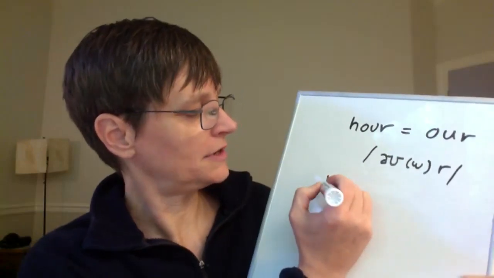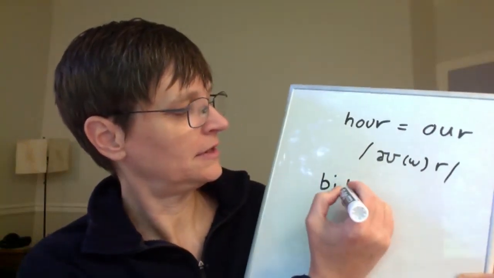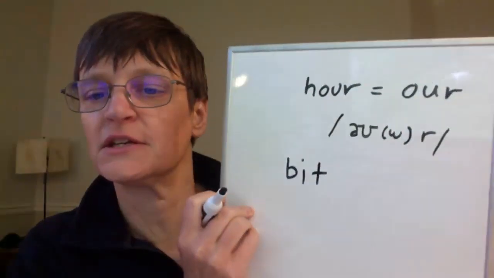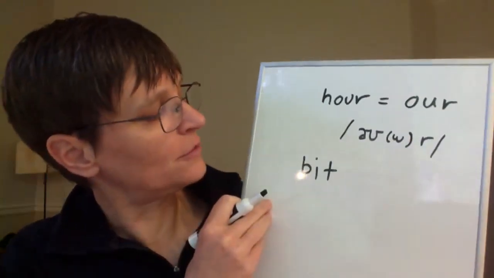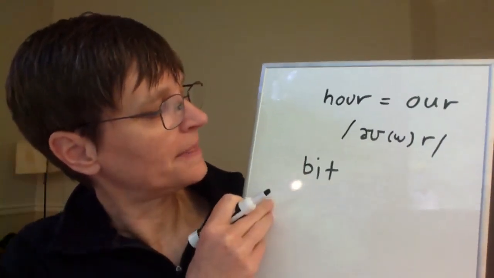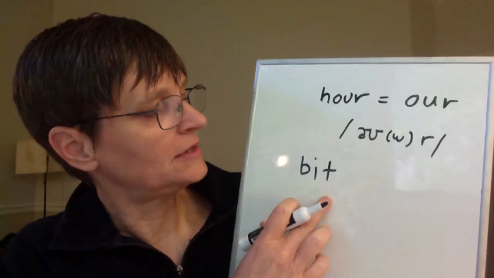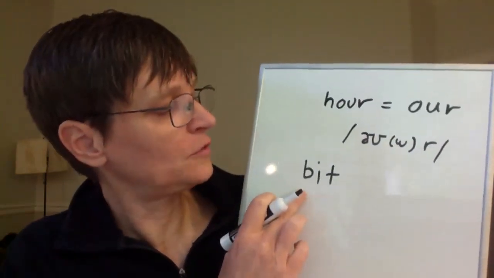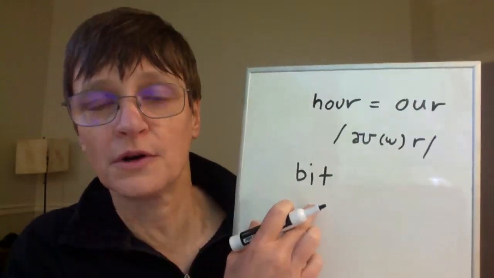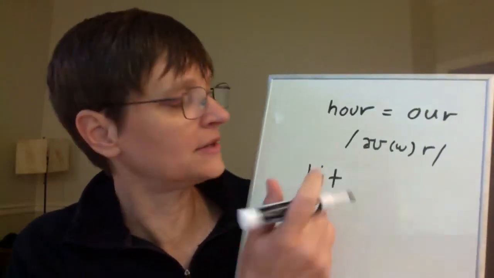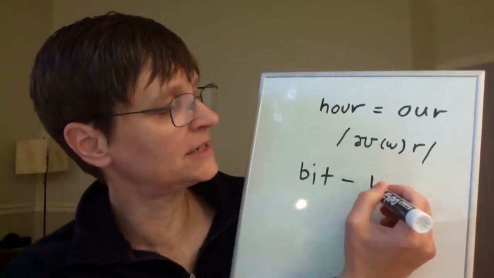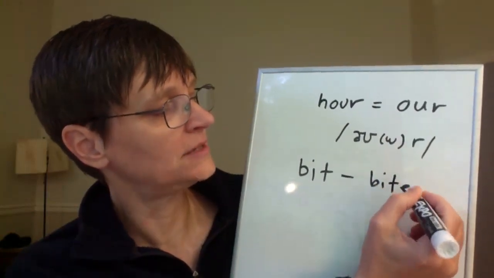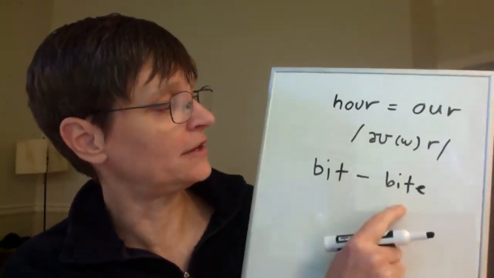Another question was, does the word bit have a homophone? So bit doesn't have a homophone, but it's an example of a word that can have more than one meaning. So it can be the past tense of bite, like I was bit, the dog bit the child.